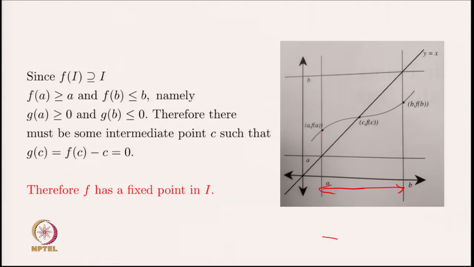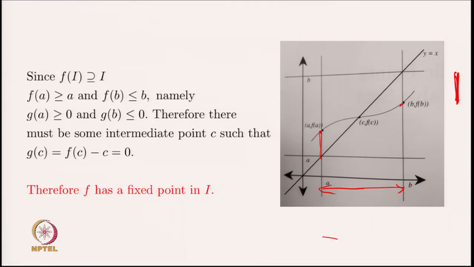Here is f of a and here is f of b. Now, f of a is greater than or equal to a and f of b is less than or equal to b, and therefore g of a, which is this quantity over here, is positive, and g of b, which is this quantity over here, is negative.